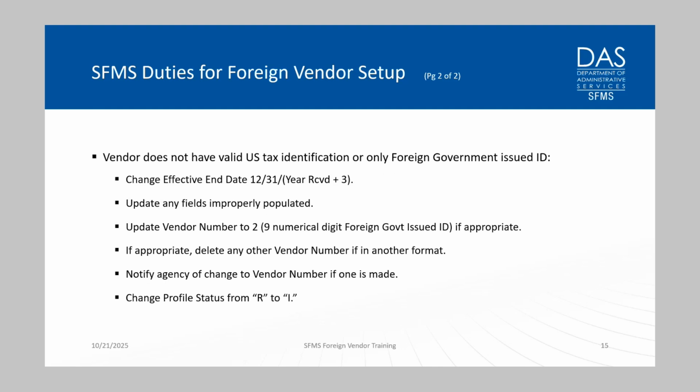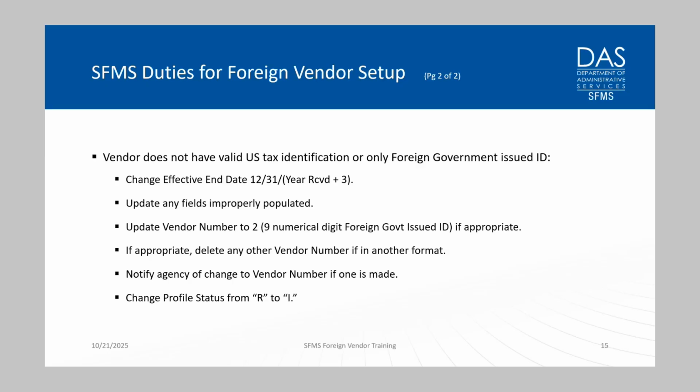Okay, if the vendor does not have a U.S. tax ID or only a foreign government issued ID, we change the effective end date to 12/31 of the year received plus 3. So anything that we've received this year has an effective end date of 12/31/2028. So we receive it in 25, 26, 27, 28.